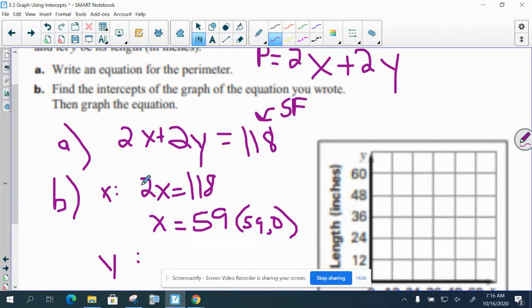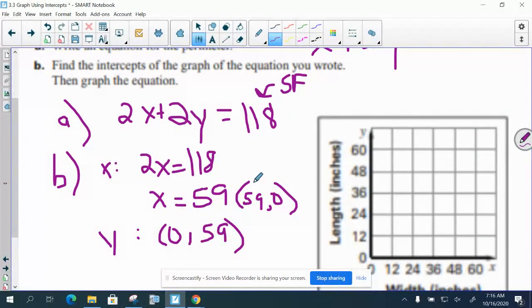For the y-intercept, it's the same thing: if you cover up the 2x, you get 2y equals 118, and it's solved the same way. So the y-intercept is (0, 59).